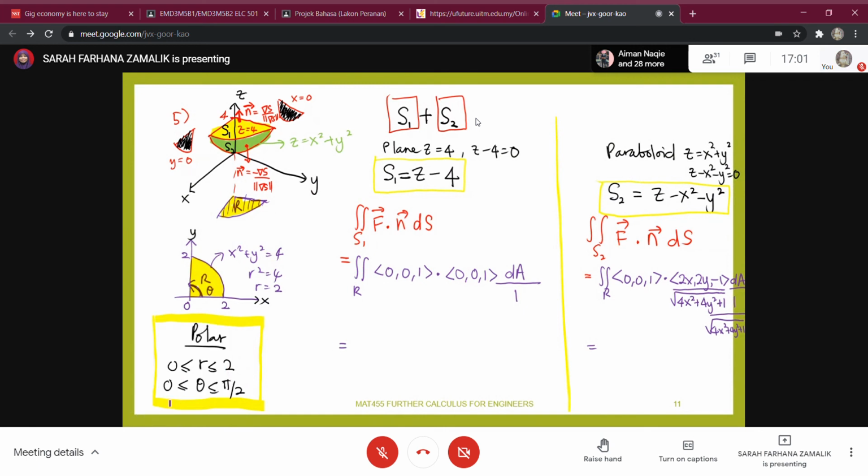Okay, when you substitute your boundary here, sama je dua-dua ni surface dia, boundary je dia still sama. Tak ada apa yang lain, cuma surface S kita kat sini je yang lain, which is the surface integral.